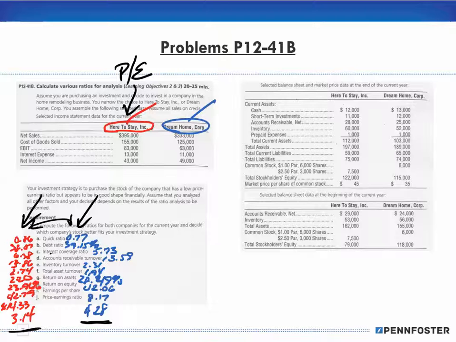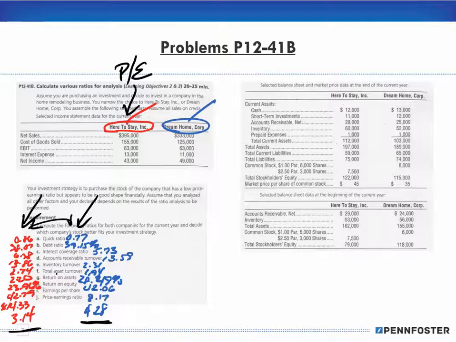The interest coverage ratio is a little bit better than Dream Home. The accounts receivable turnover is just slightly better than Dream Home. The inventory turnover is, again, just slightly better than Dream Home.